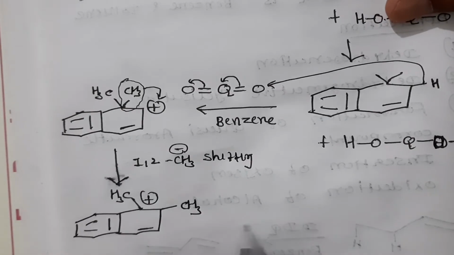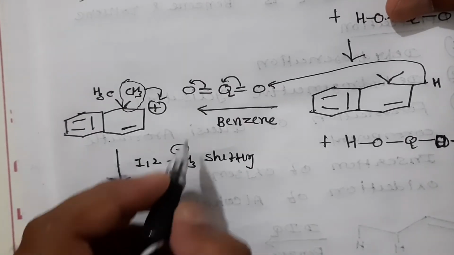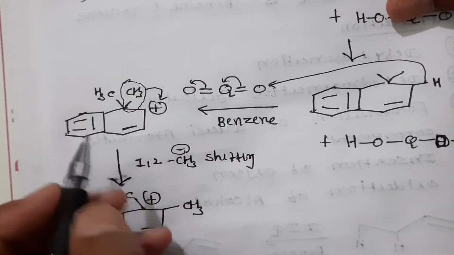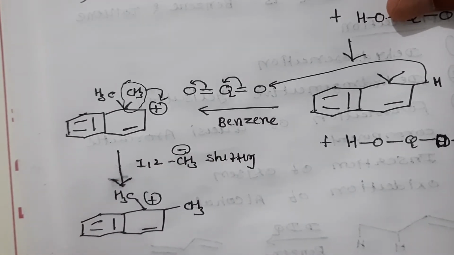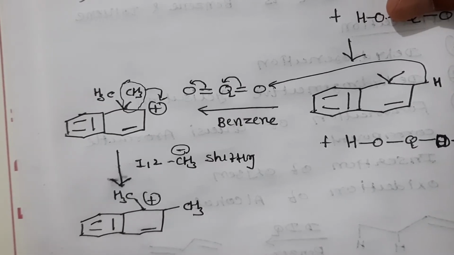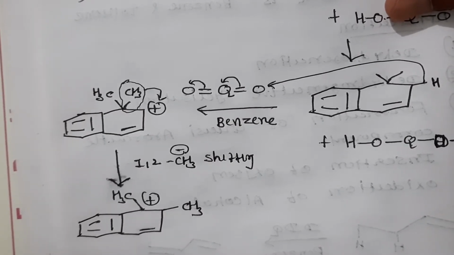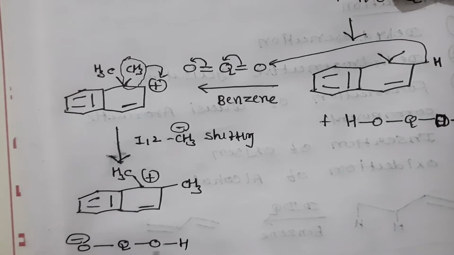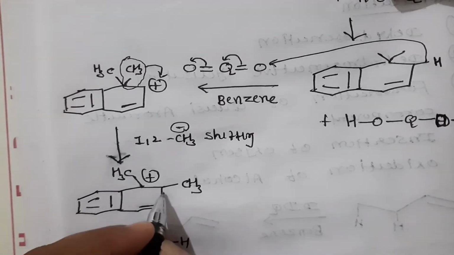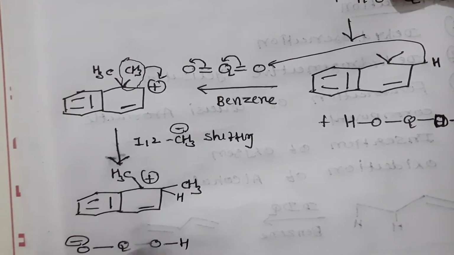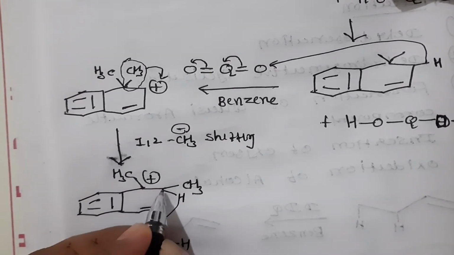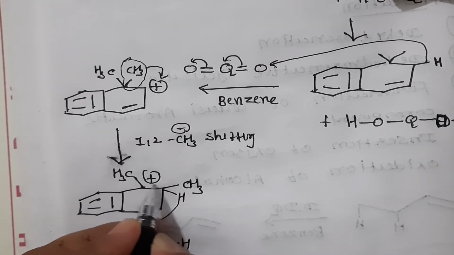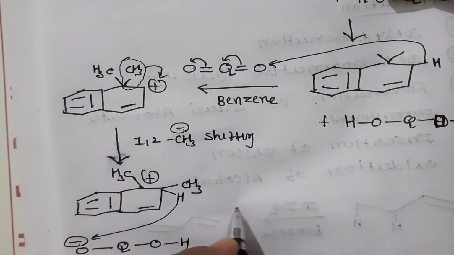Now in the next step, what happened? After H minus, it is converted into this type of moiety, Q O H O minus. This O minus abstracts the H plus ion from this position. This H plus ion is abstracted here and there is a formation of negative charge here, and this positive and negative charge make a new double bond.